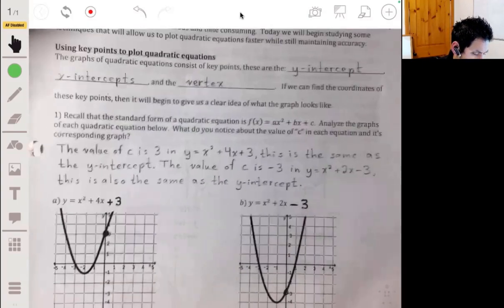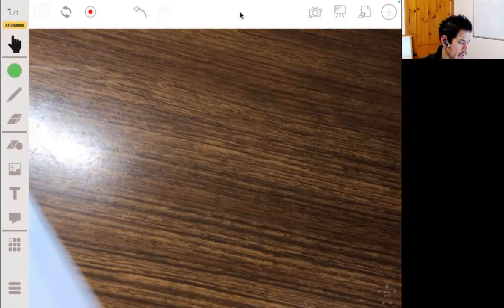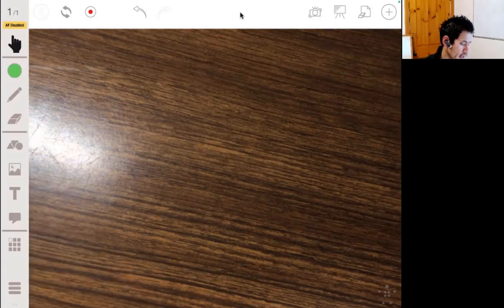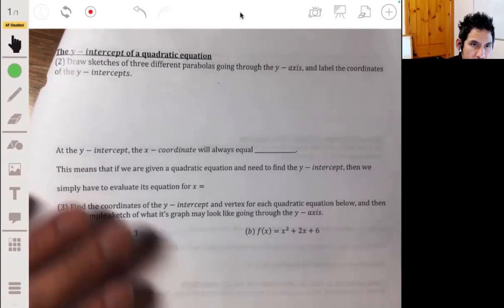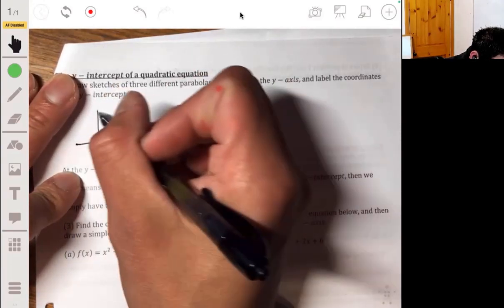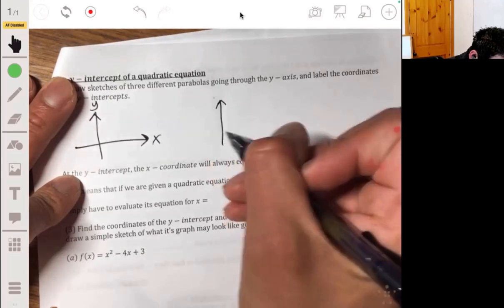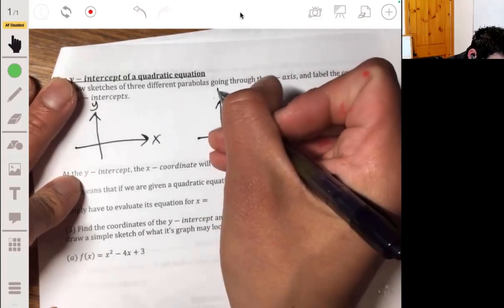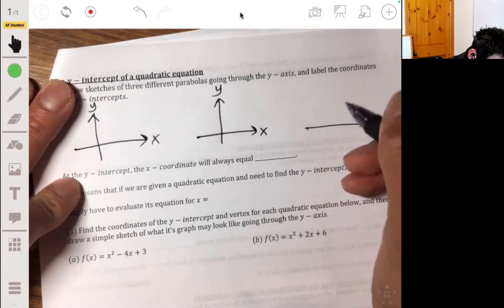That being said, let's move on to the next page. And what we're going to do is just draw 3 sketches of random parabolas going through the y-axis. So x, y; x, y; x, y.